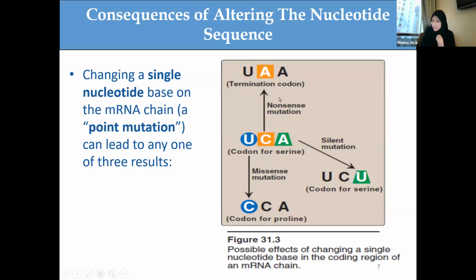So if it's a stop codon, that's a nonsense mutation, and if it's the other one, a change in amino acid, that's missense. I hope that's clear, but basically changing one nucleotide is called a point mutation because it's only one point or one base that's changed. I hope this is clear for everyone. I'll give you more examples as I go.